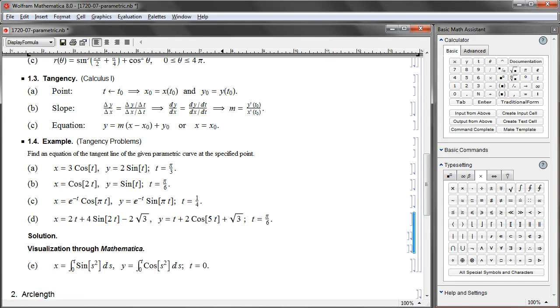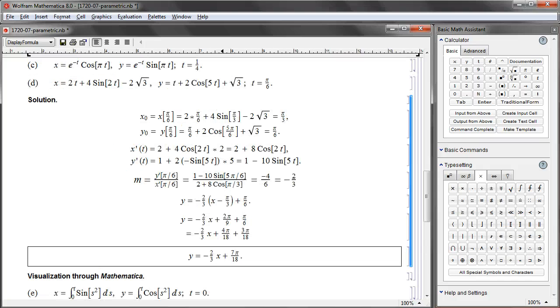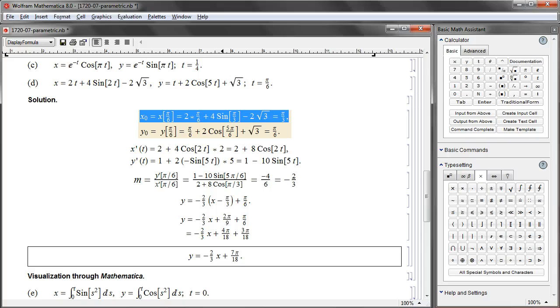Okay, let me open it. Here is the solution. Plugging in x naught, we have this. Plugging in y naught, we have that. Just plug in t equals pi over 6 and do the computation. Next, take the derivatives, x prime and y prime, using the chain rule. Now finally, plug in pi over 6 into the slope formula, y prime over x prime at that value.